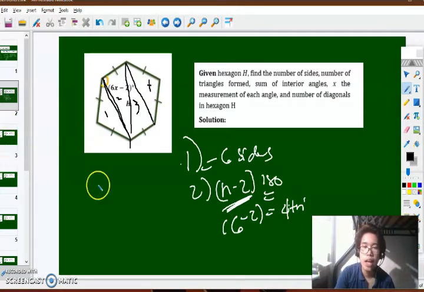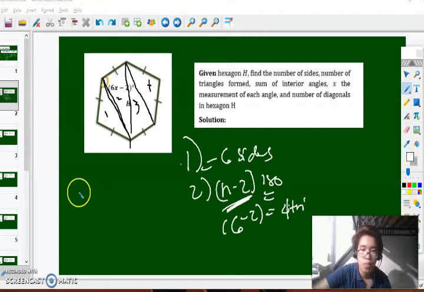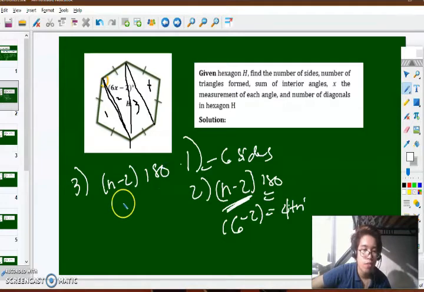Then we have the third one, we need to find the sum of the interior angles. How do we find it? The formula, again, is n minus 2 times 180. What's the value of n again?